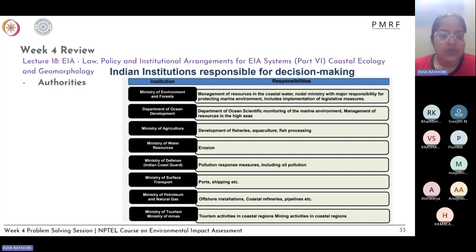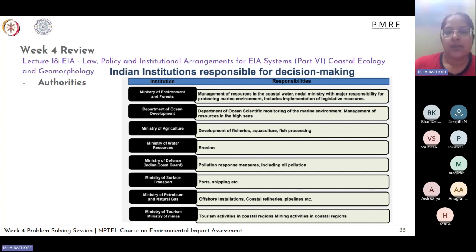Ministry of Surface Transport, which has responsibilities relating the management and maintenance of boats, shipping, etc. Ministry of Petroleum and Natural Gas too because they do these offshore installation or coastal refineries and pipelines, so they have to ensure that they do not harm the coastal ecology or the coastal environment or the coastal ecosystem. And lastly, the Ministry of Tourism and Ministry of Mines.